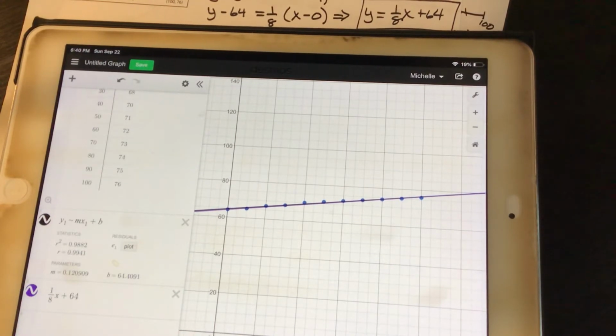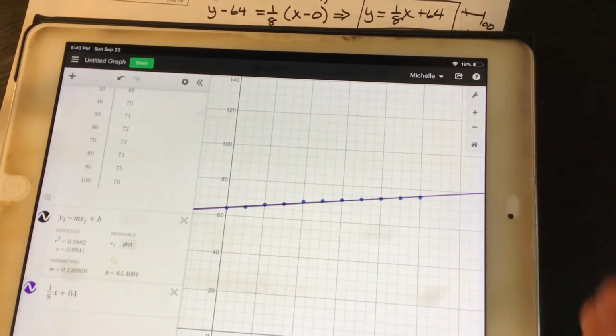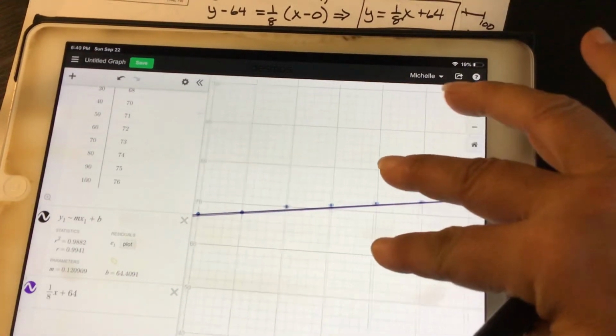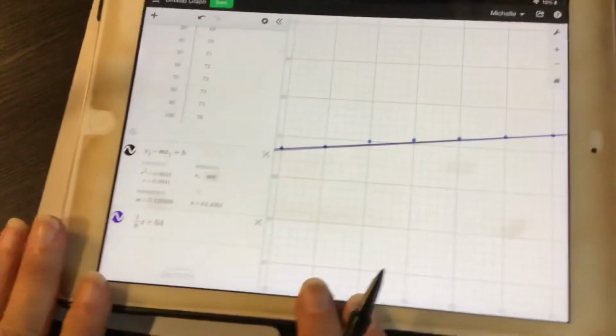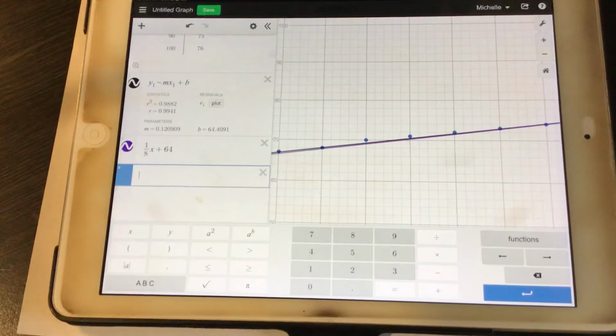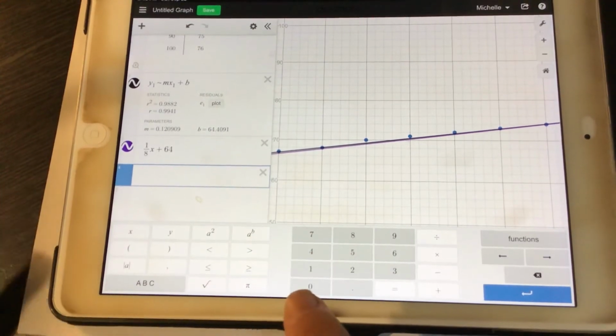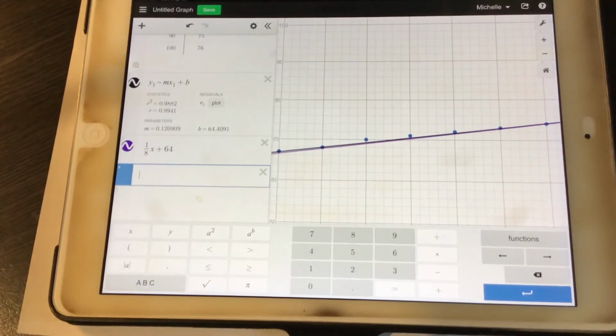All right, so two things I want to point out. The first line that we did was called a line of best fit. That was the one where we took 1/8 times x plus 64, took the two points, calculated the slope, and found the y-intercept. The one that we put in Desmos and had Desmos calculate for us is called a regression line.